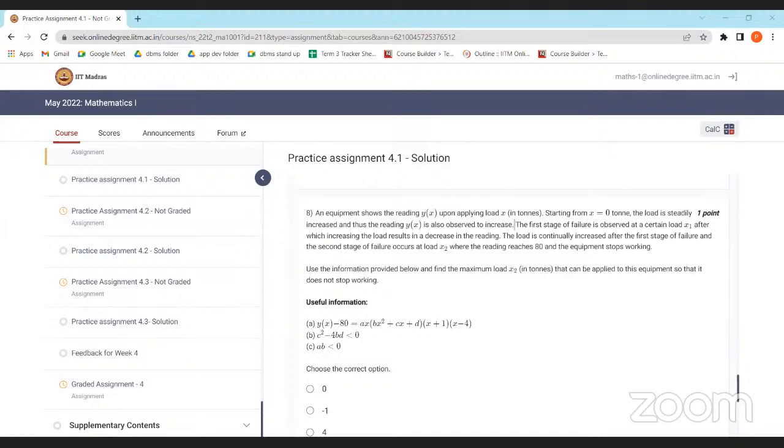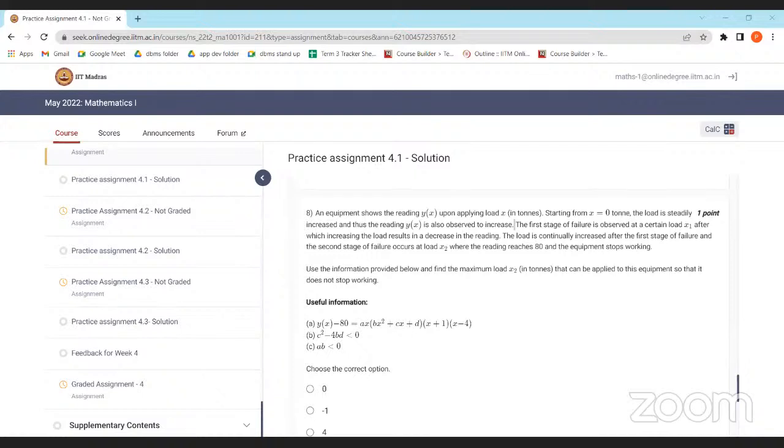So we have to plot the graph here, right? The reading will start to decrease as load increases after the first failure. See, when load equals x1, it stops working and the reading decreases, right? So at this point it stops working and then it goes decreasing.